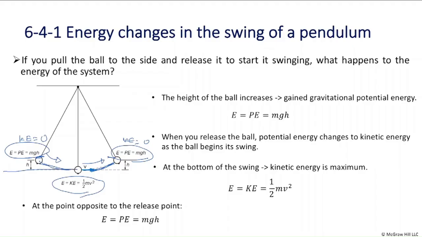And remember, energy conservation is valid only if non-conservative forces like air resistance are negligible. But in our ideal case, ignoring air resistance, the total mechanical energy of the pendulum is conserved, continuously converting between kinetic and potential energy as it swings.